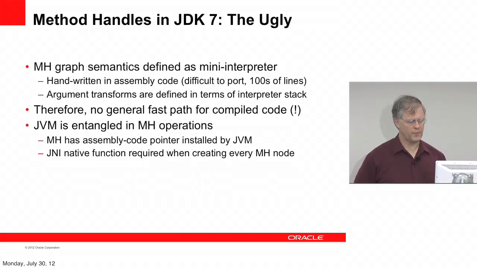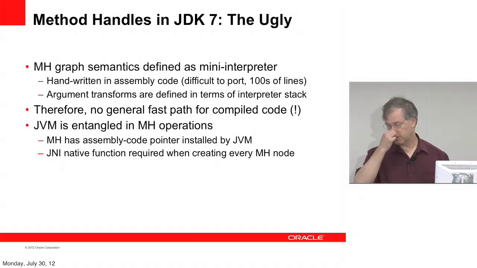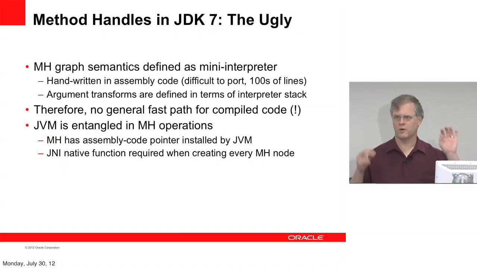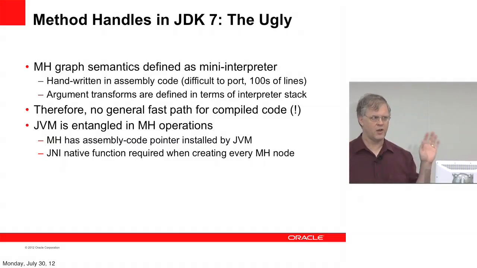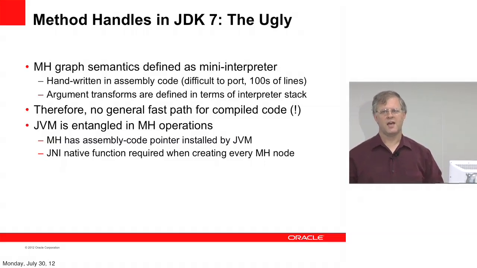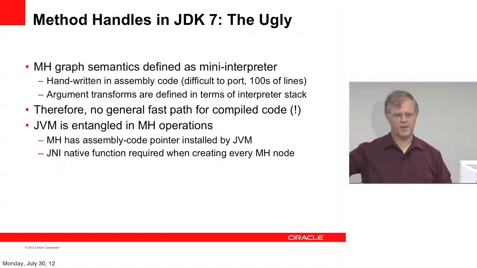The basic problem is that bytecodes contain call sites which we call nominal. A nominal call site is one which is specified with a symbolic reference. For those of you who are up to speed on the JVM reference manual and know exactly how the specification works, you'll recall that there's something called a symbolic reference in a getfield or an invokestatic or something like that. The symbolic reference gives a name of the method that you're calling.